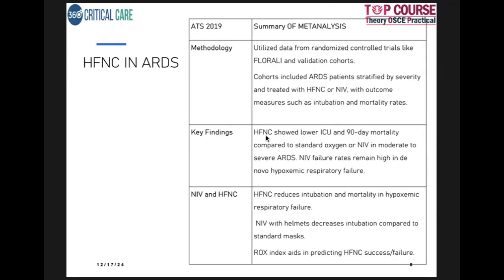They found that high flow nasal cannula showed lower ICU and 90-day mortality compared to standard oxygen or NIV in moderate to severe ARDS also. NIV failure rates remain high in hypoxemic respiratory failure, especially in severe cases. So the outcome is that high flow nasal cannula reduces intubation and mortality in hypoxic respiratory failure patients.